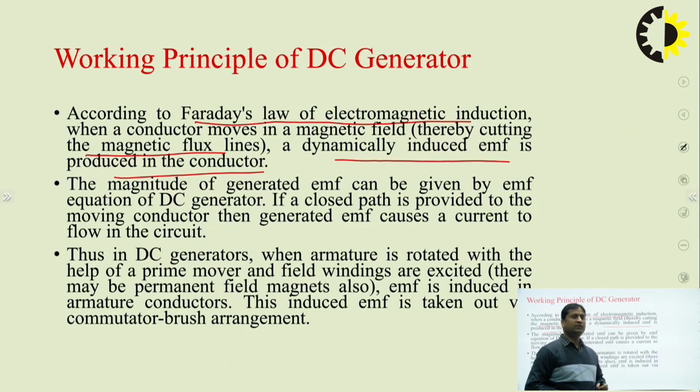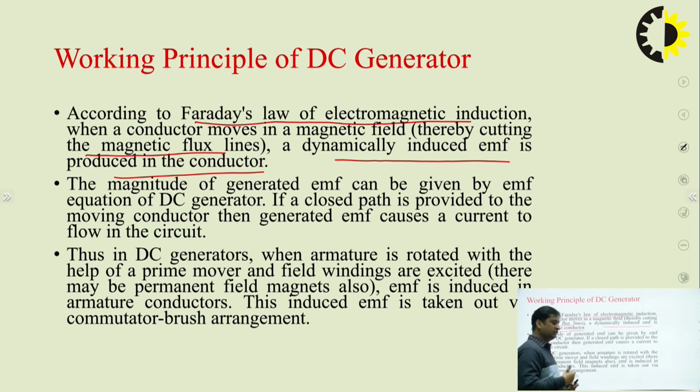Whenever there is a relative motion, some voltage will be induced in the conductor, and the magnitude of the generated EMF can be given by the EMF equation of the DC generator.